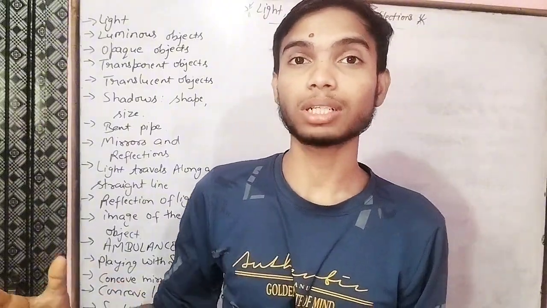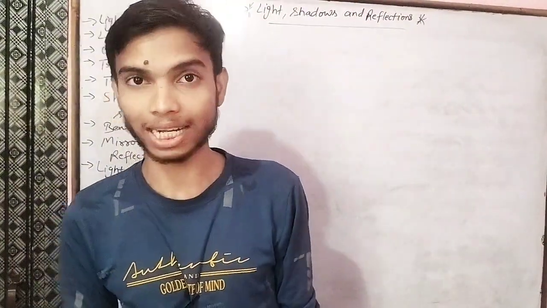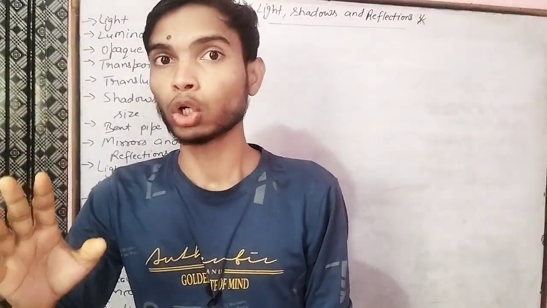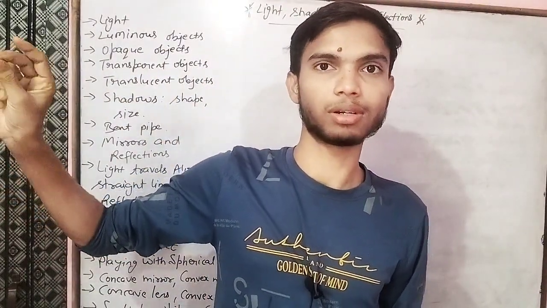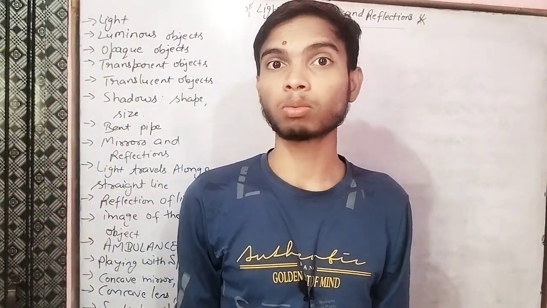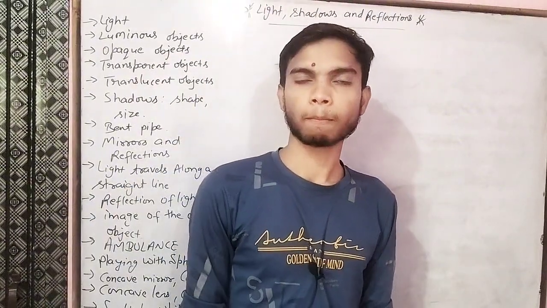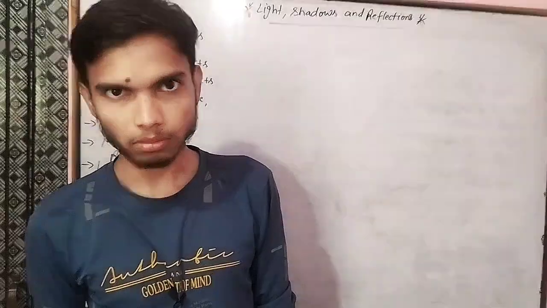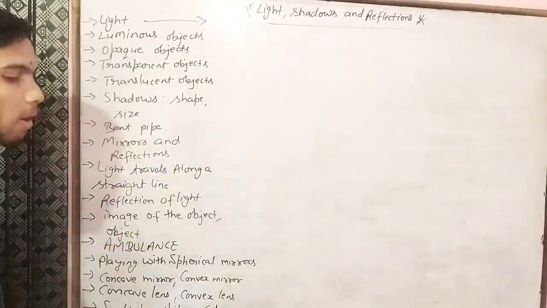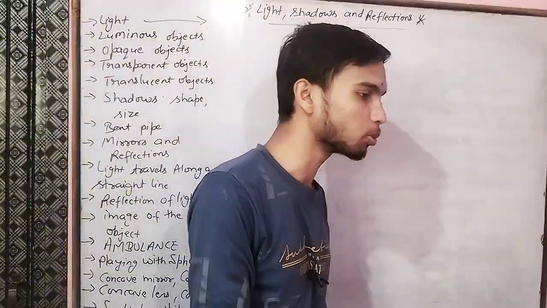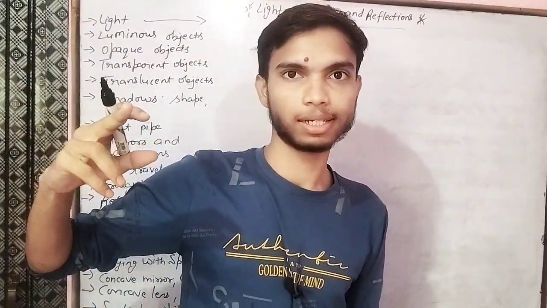I am saying there should be at least two compulsory things to see anything. First of all, a source light. Second, an object, whatever we want to see. So our eyes are able to see the objects because of light.